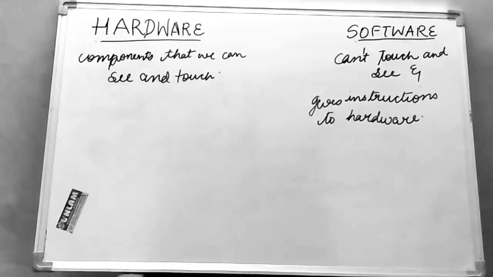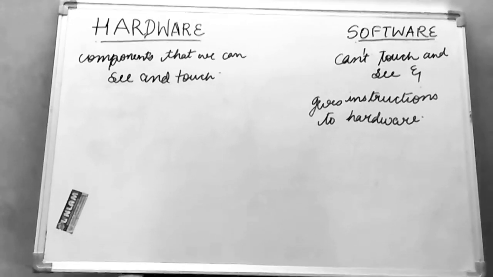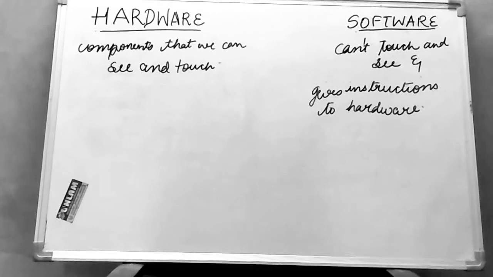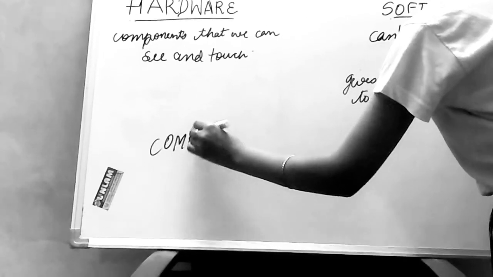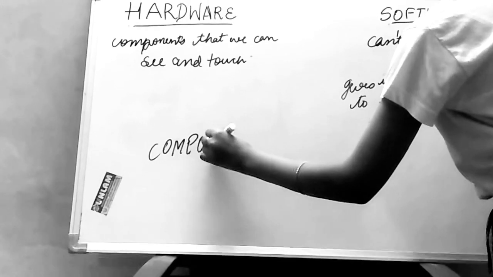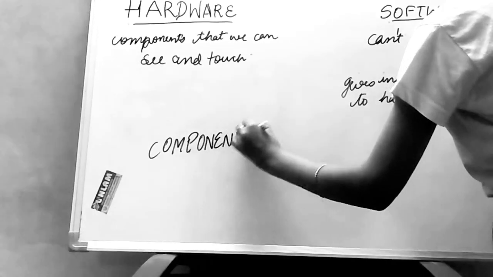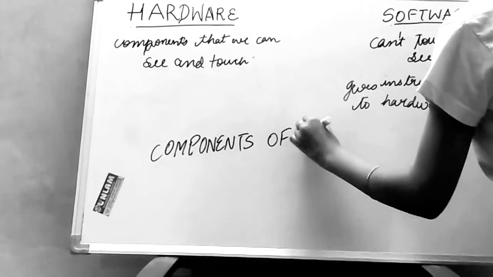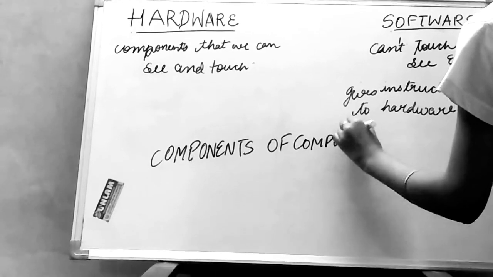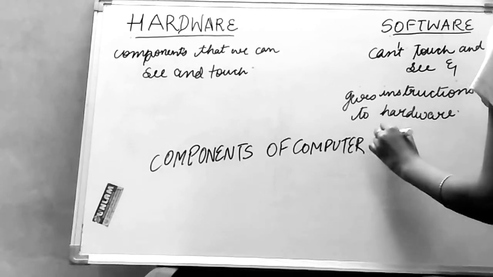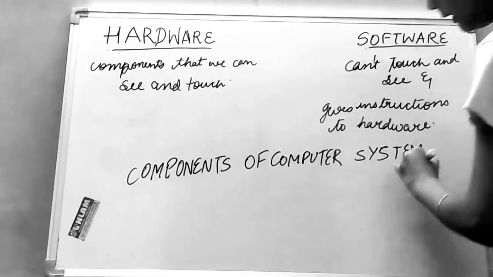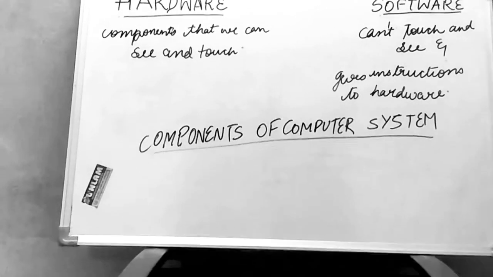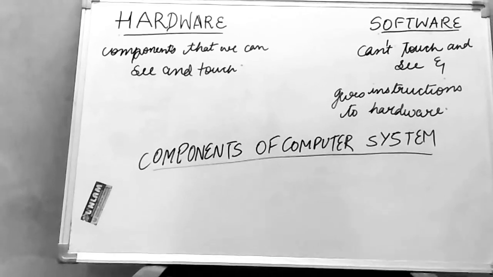Next topic is, what are the components of computer system? There are how many components of computer system? There are mainly two components of the computer system.